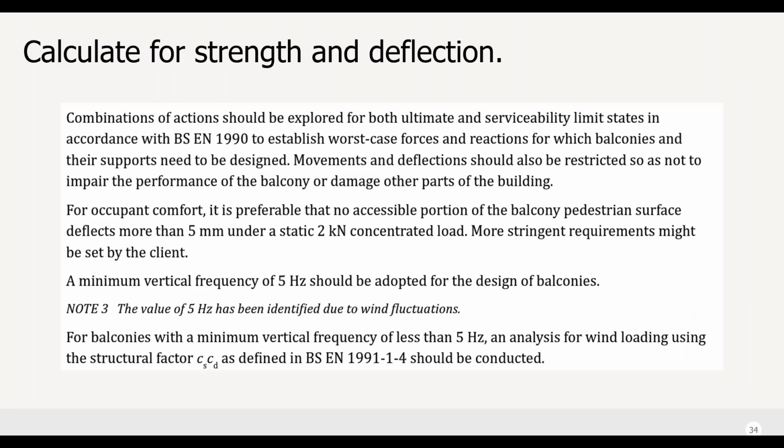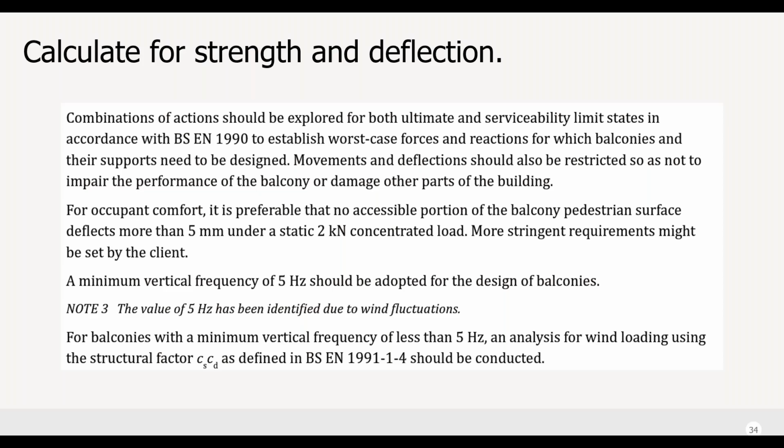One common complaint in the past has been that balconies are bouncy, and there's been very little real guidance as to how to control that. You look in some standards and they say L/180 for cantilever, which may be all right in some circumstances, but certainly is not generally acceptable for balconies.